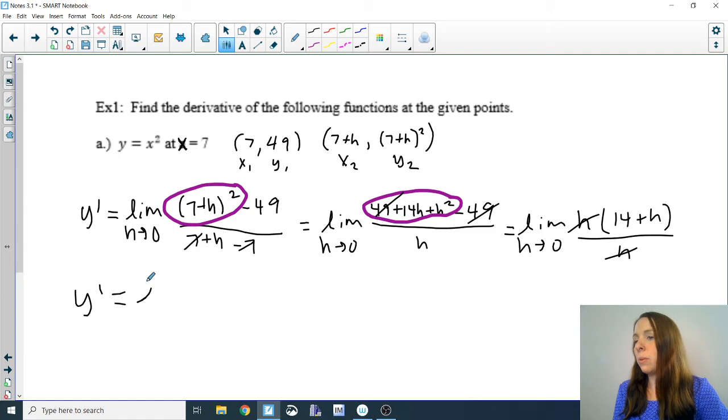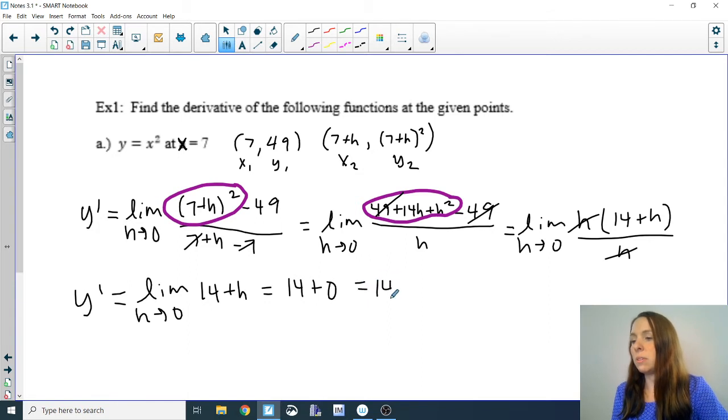And so now we have the limit as h approaches 0 of 14 plus h. And we can use substitution to sub 0 in for the h that remains and get a derivative value of 14. Okay, so I'm going to write this as y equals x squared at x equals 7, y prime equals 14.